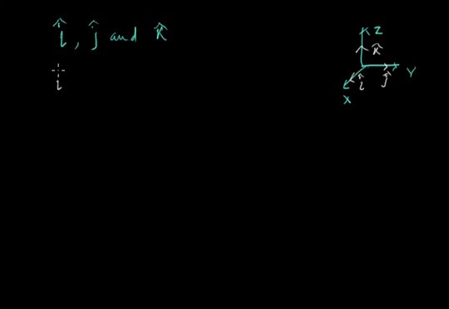First, by definition, dot product means magnitude of I, and as the angle between I and I is 0, we write cos 0 degree.